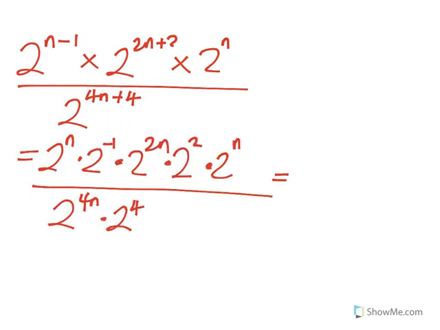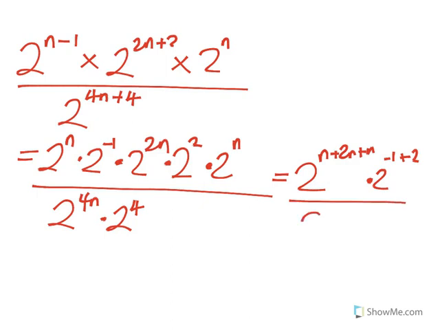Again, after that, you can now start to collect the top and try to solve the top. When you solve the top, you'll have 2 to the power n plus 2n, you see that? Plus n, dot 2 to the power minus 1 plus 2.